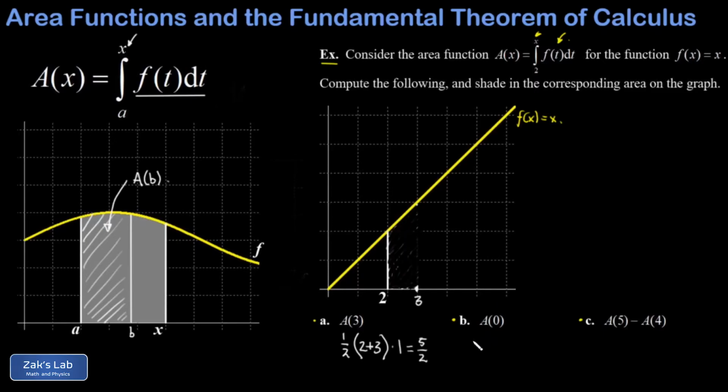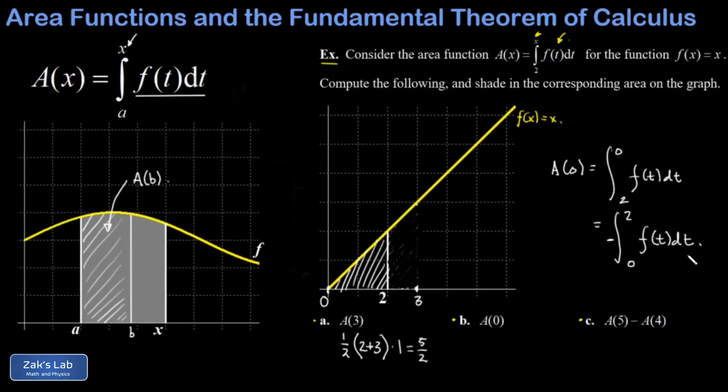Okay, in part B, we're asked to look at A of 0. And so the shaded area corresponding to this looks something like this, but there's a subtle distinction here. If we plug in 0 for the upper limit of our integral, we're actually integrating in the wrong direction. And we can re-express this in the opposite direction as the negative of the integral from 0 to 2.